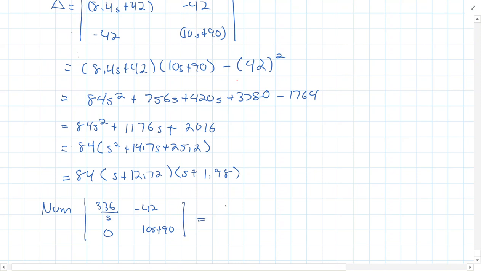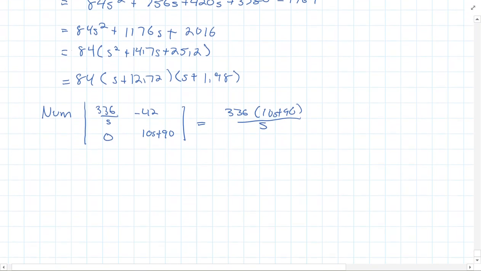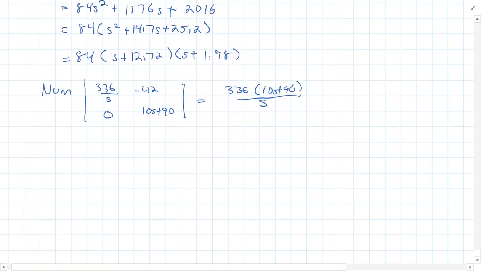So this is just going to be 336 times 10s plus 90 over s. Now, I'm not going to do any more multiplication on that, because we're actually in a very good form here. Why are we in a very good form?